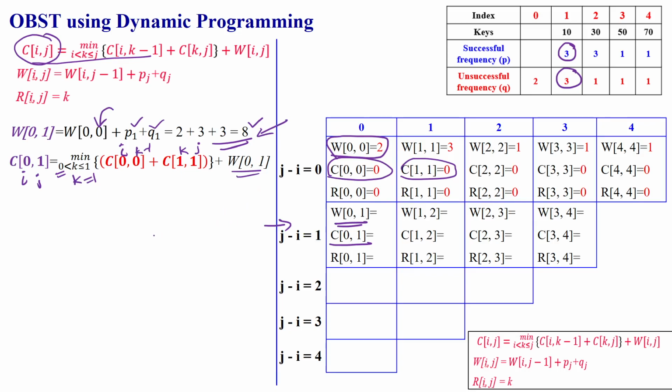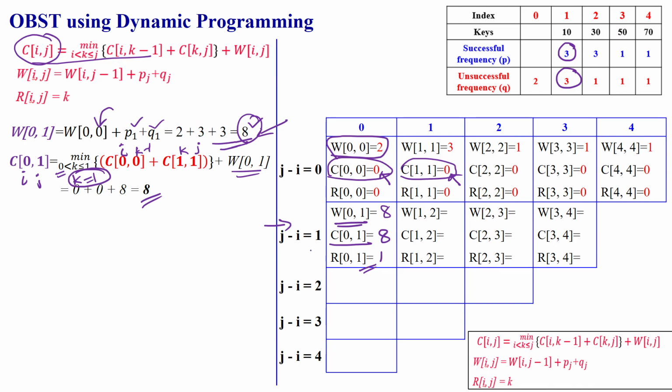So c of 0 comma 0 is 0, c of 1 comma 1 is 0, and 8 we got for w of 0 comma 1. So now we got c of 0 comma 1, that is 8. w of 0 comma 1 is also 8. Then we have to identify r of 0 comma 1, which k value is giving this 8. So k equal to 1, and we are filling that value.